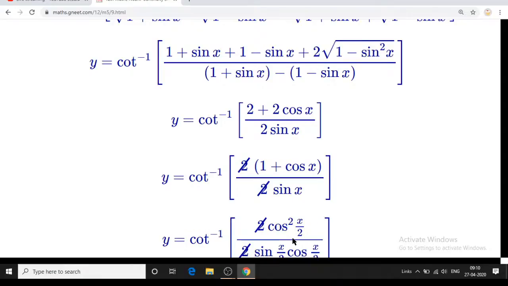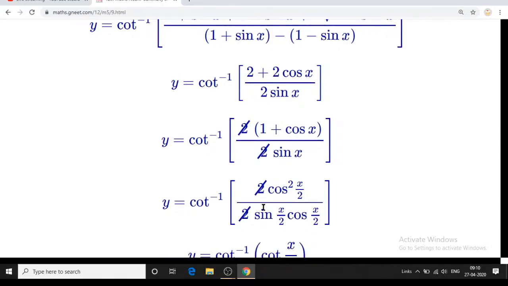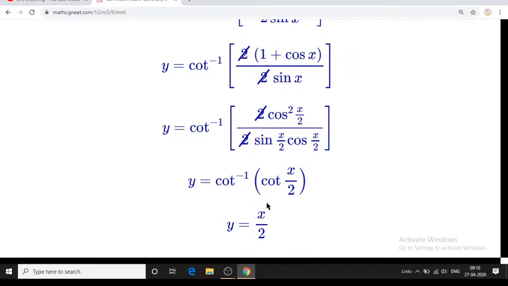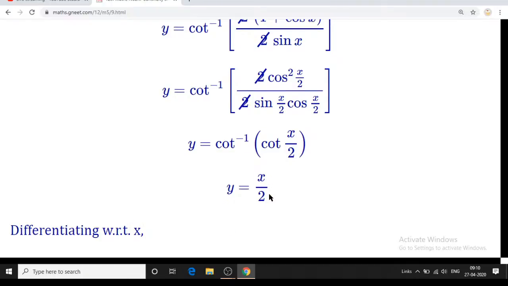Now 1 plus cos x will be written as 2 cos square x by 2, and sin x will be written as 2 sin x by 2 cos x by 2. The 2 will get cancelled, one cos term will get cancelled. So ultimately what we get is cot inverse of cot of x by 2, and cot inverse of cot of x by 2 will be x by 2, and so we get y is equal to x by 2.